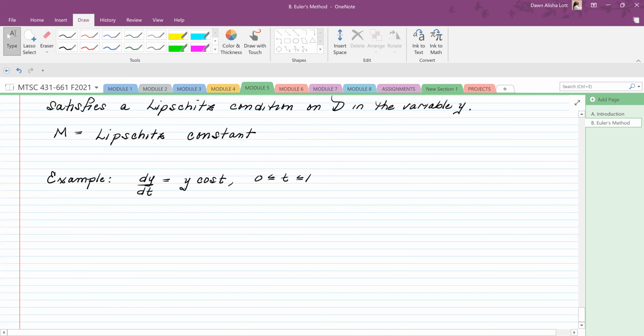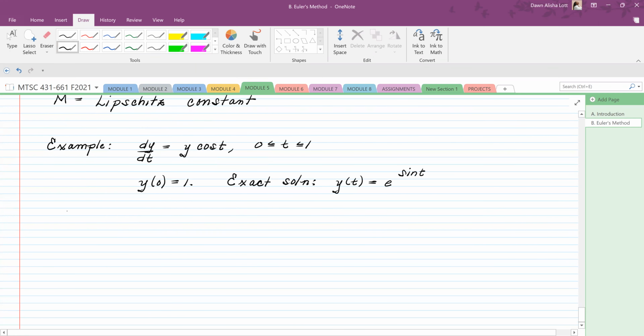Okay, so I give you y at 0 is equal to 1. Now the exact solution, or the analytic solution, is y of t is equal to e to the sine of t. Okay, so the partial of f with respect to y is just cosine t.